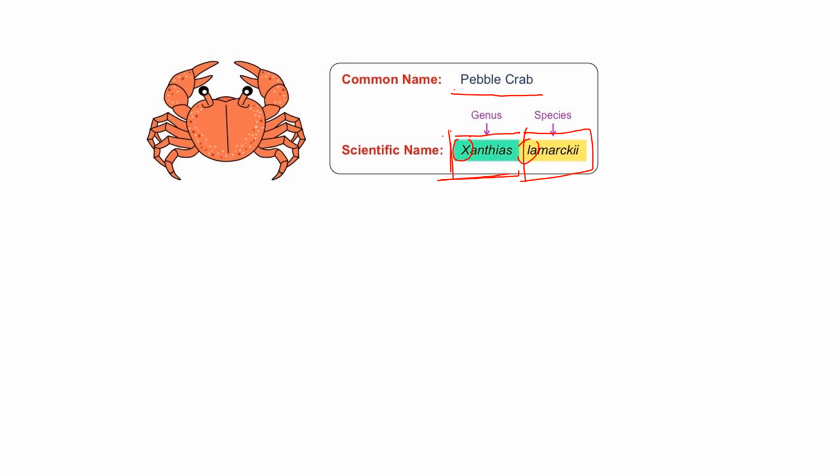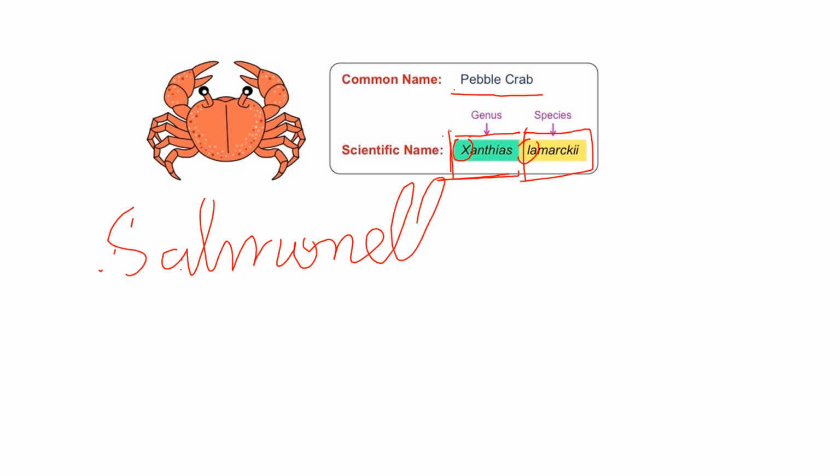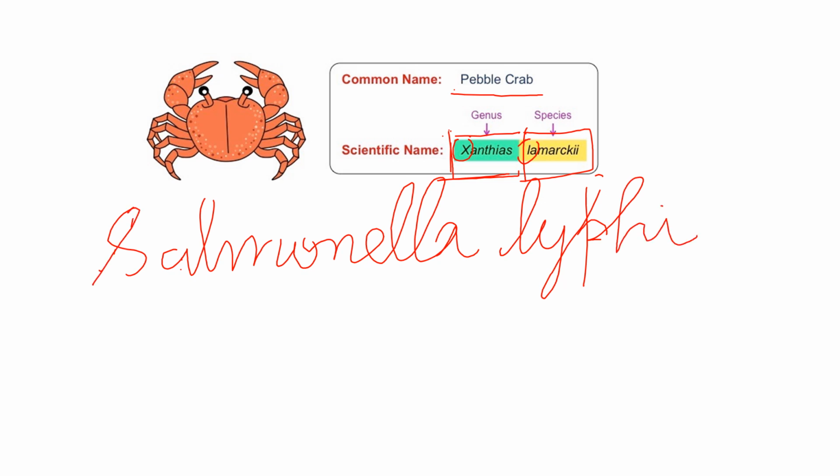When handwritten, the scientific name should be underlined separately, like this. This is the name of typhoid causing bacteria.